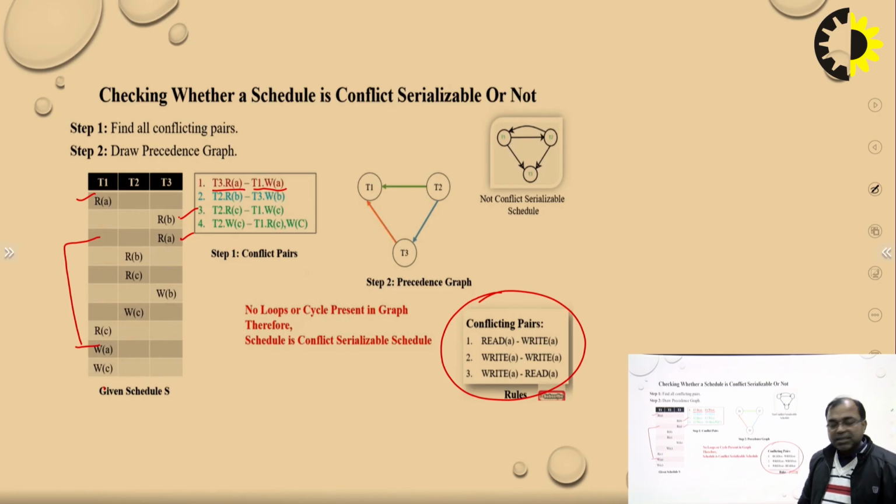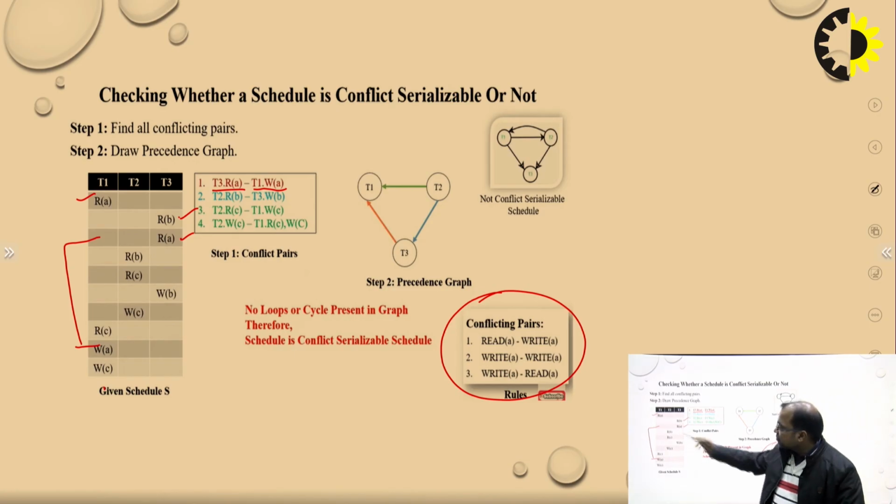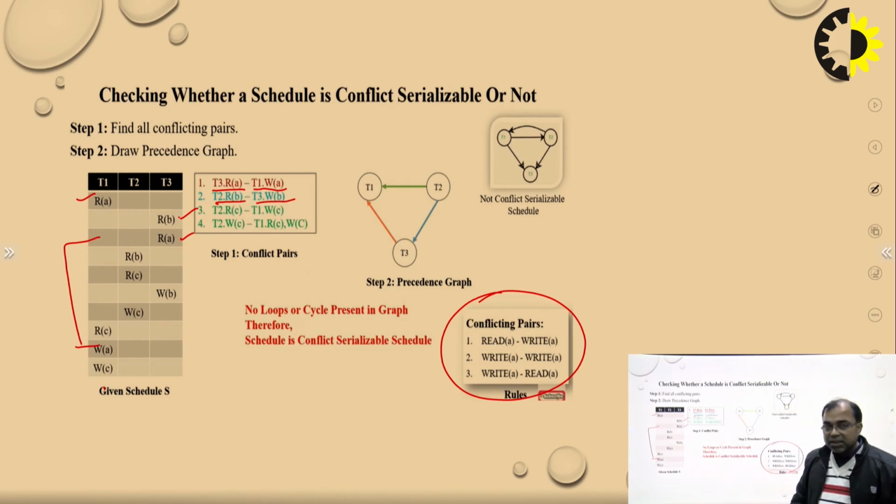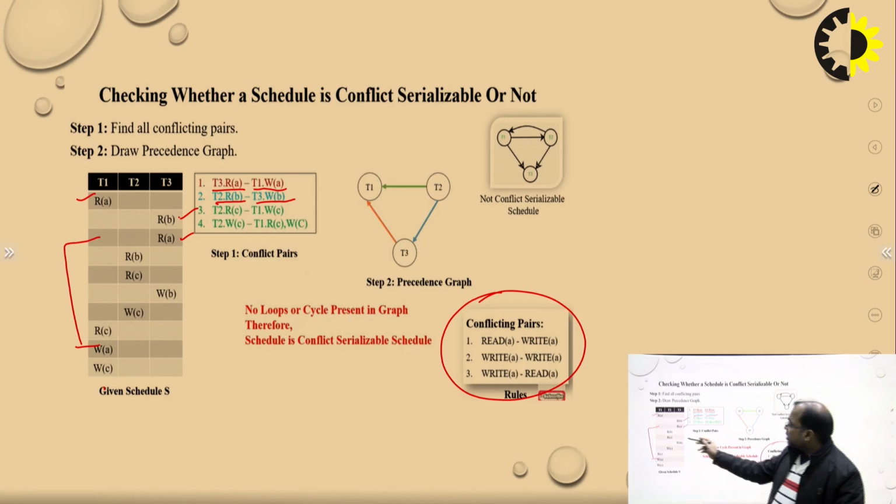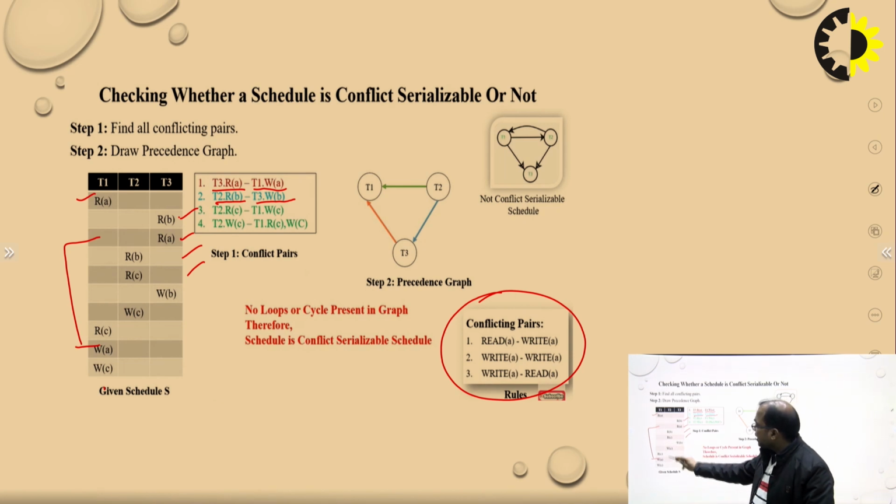Clear? Next, we look at read of B, then there must be a write of B. Yes, it is here in T3. So read of B and write of B is another conflicting pair. Now read of C, then write of C. Yes, write of C means T2 to T1 is a conflict.